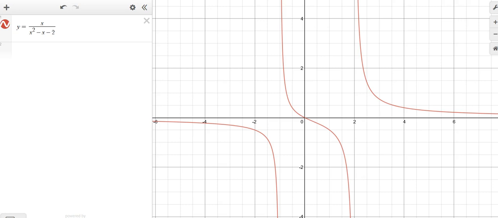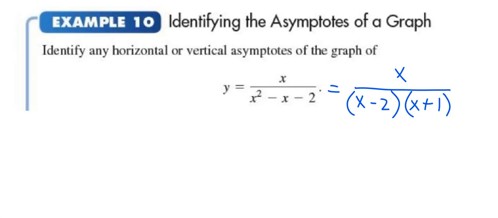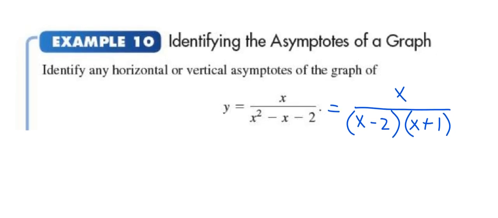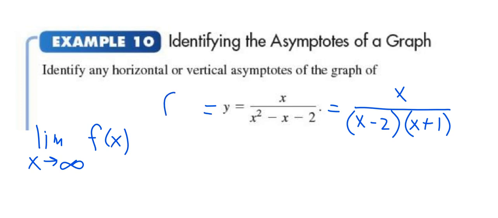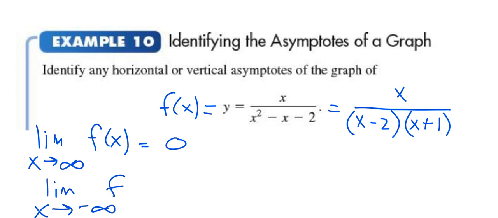So, we'll write the limit as x approaches infinity of f of x, just for abbreviation's sake, because you said that was 0. And you said that as we approach negative infinity, the same thing happened. So what does that mean?